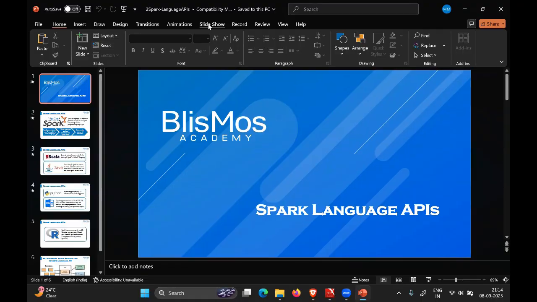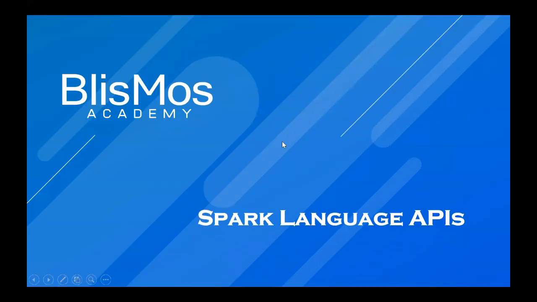One more thing I covered earlier, Spark supports multiple languages. In order to make that happen, Spark has something called language APIs. It means Spark is an application. When I say application, Spark is one computing engine, right?